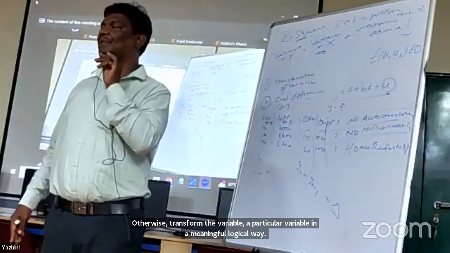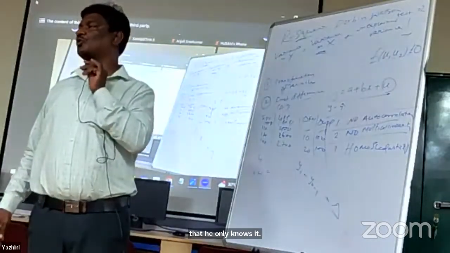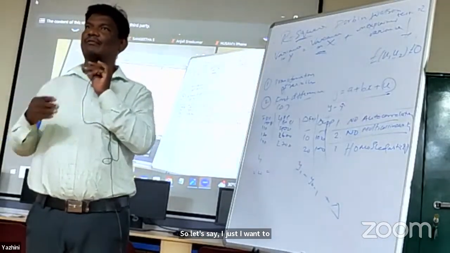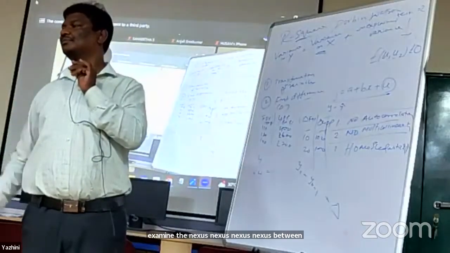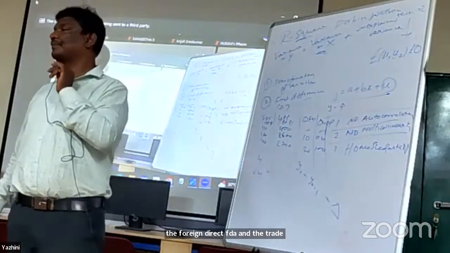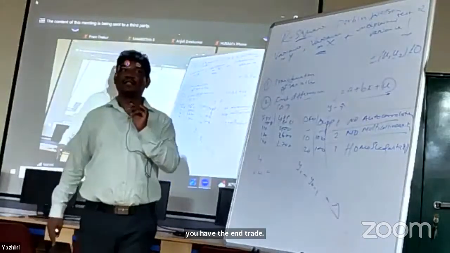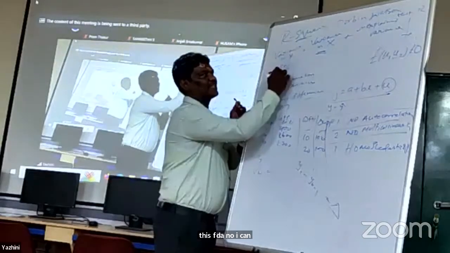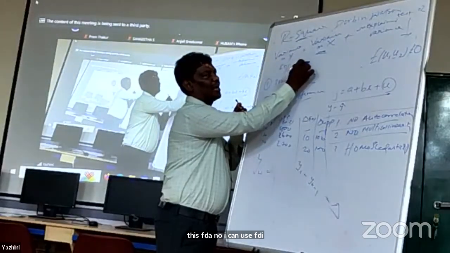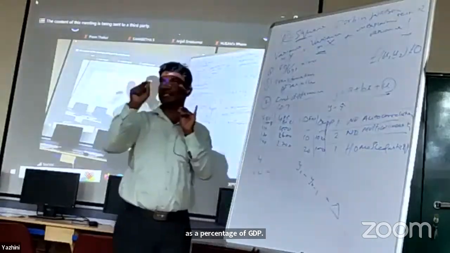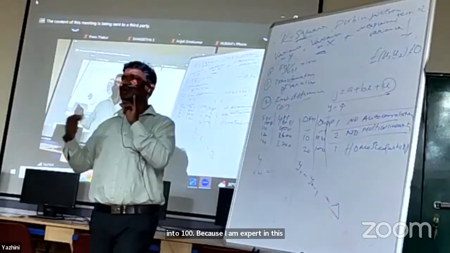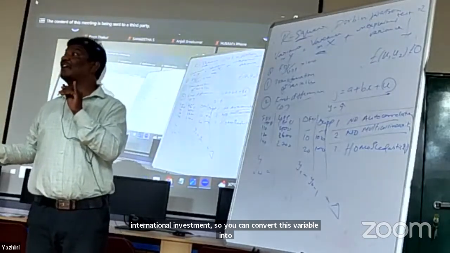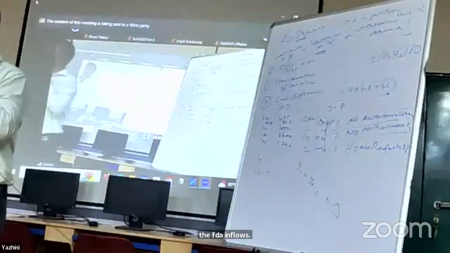Let's say I want to examine the nexus between foreign direct investment and trade. I can use FDI as a percentage of GDP times 100, because I am an expert in this. In international investment, I can convert this variable into FDI inflows, which I collected from the World Bank database.